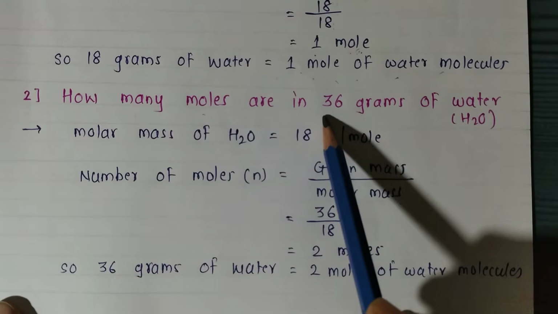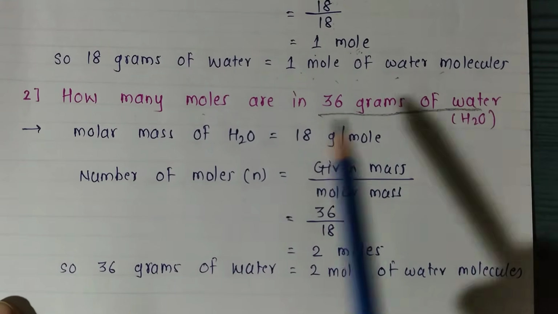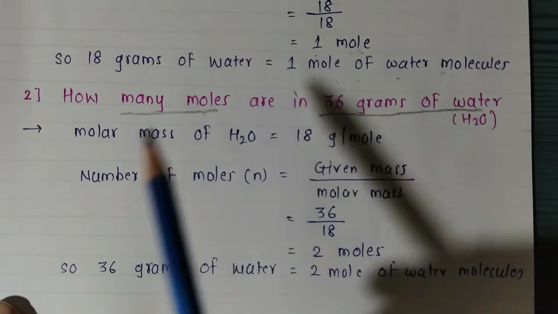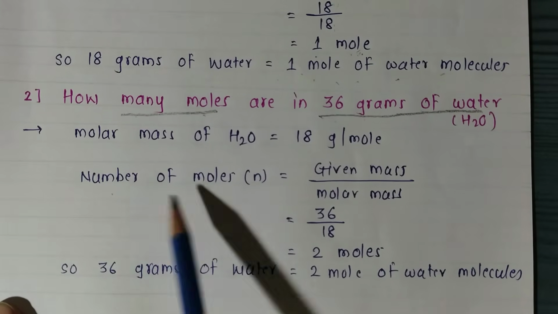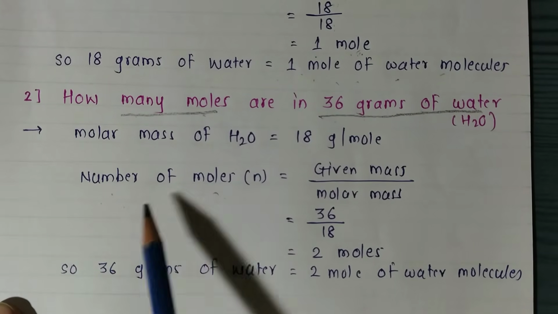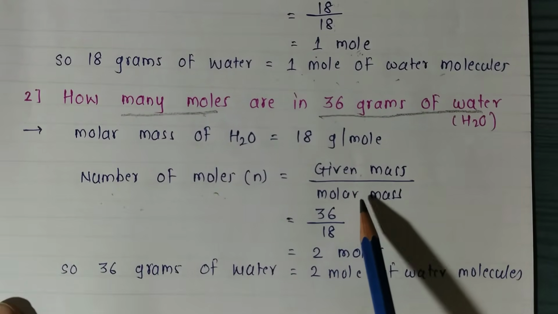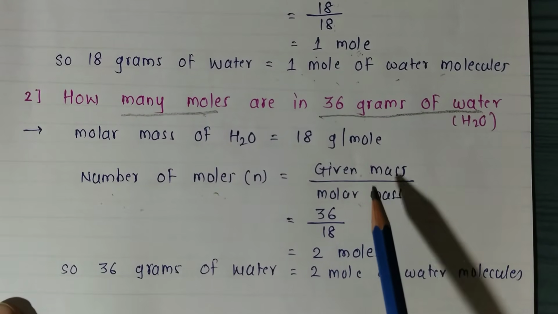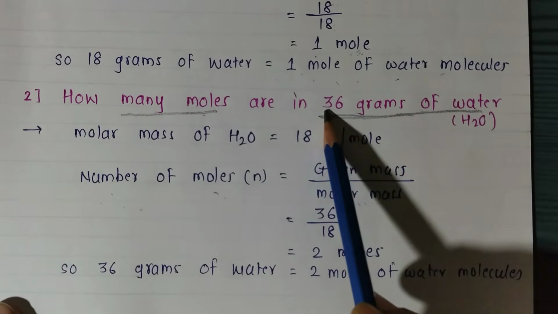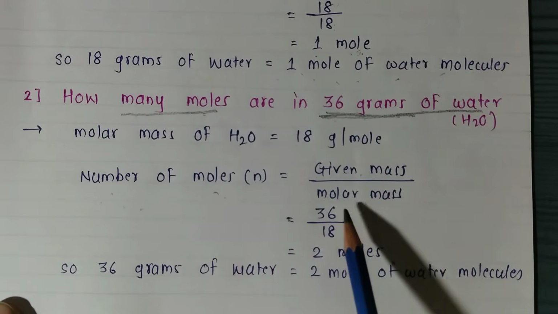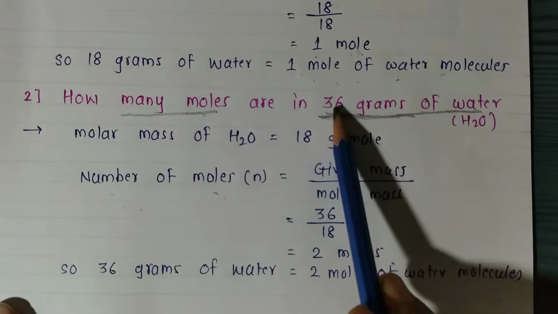How many moles will there be in 36 grams of water? So we have to calculate here. We know the formula to calculate the number of moles is given mass divided by molar mass. This is the given mass, which is 36.